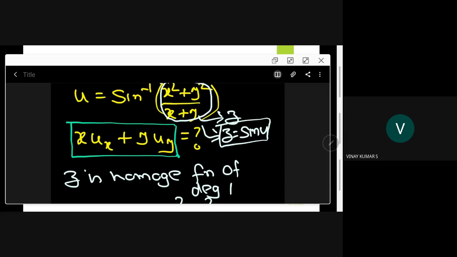So what can we say? Z is a homogeneous function of x and y of degree 1.